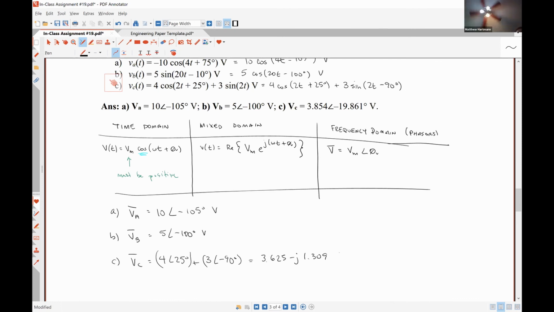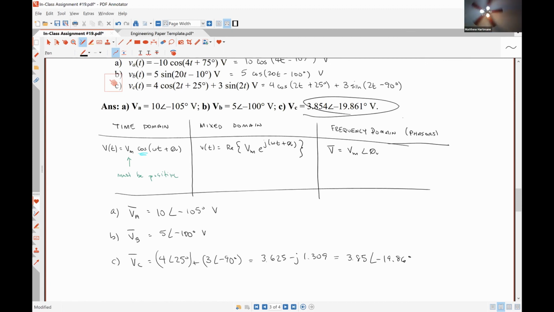All right, and could you convert that from rectangular to polar for me, please, sir? I got 3.85 angle negative 19.86. Alrighty, and that appears to agree.